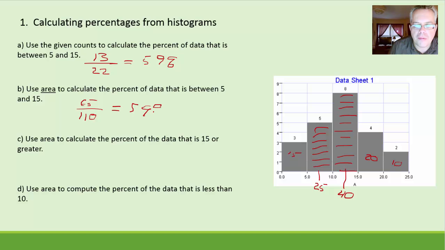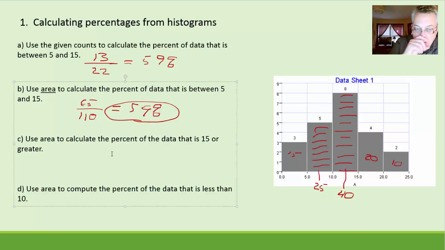I want to think about these percents in terms of area because that's how distributions work, and the density curves, which the normal curve is one of. All right, the next one should be easier. Use the area to calculate the percent that is 15 or greater. So 15 or greater, well, the area under that part is 20 plus 10.